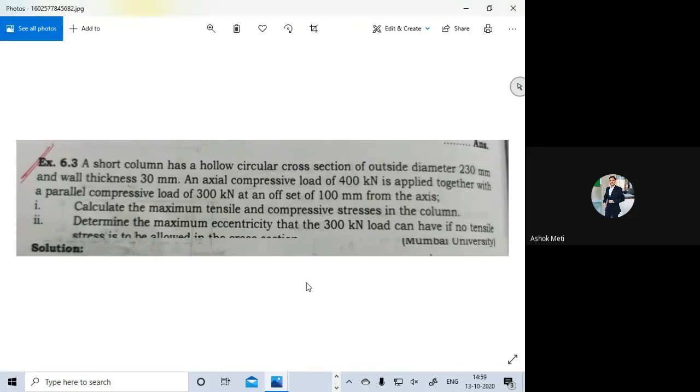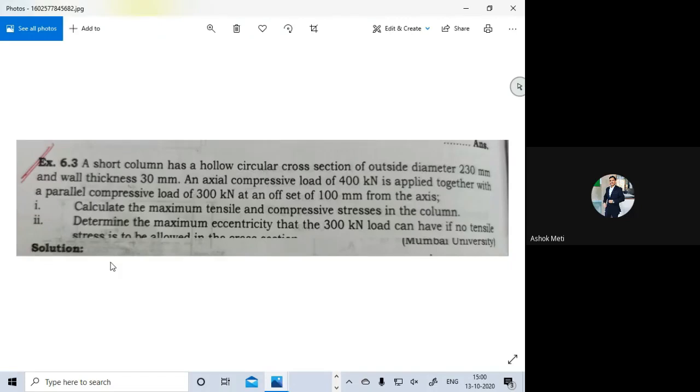So you can read the numerical. A short column has a hollow circular cross section of outside diameter 230 mm and wall thickness 30 mm. An axial compressive load of 400 kilonewton is applied together with a parallel compressive load of 300 kilonewton at an offset of 100 mm from the axis.